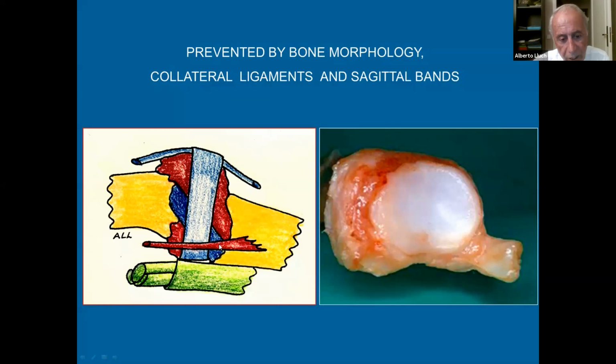It will elongate the collateral ligaments, and some stability is also provided by bone morphology, because it's a concavity and a convexity. But as you can see, the collateral ligament inserts in the most anterior part of the proximal phalanx, precisely to prevent anterior dislocation, subluxation from the pull of the flexor tendons.